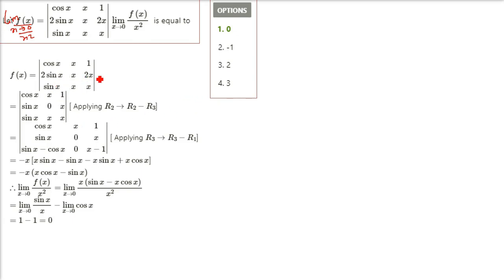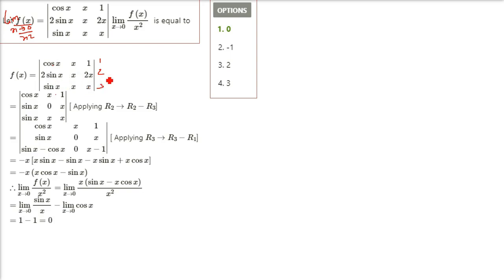Since the second column has x, x, x, you can take x common, and then do row 2 minus row 1 and row 3 minus row 1. Doing row 2 minus row 3 will give you x minus x and 2x minus x. So that will be quite easier.